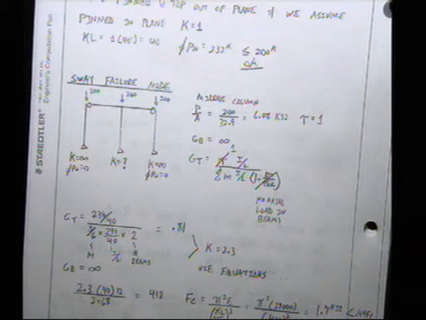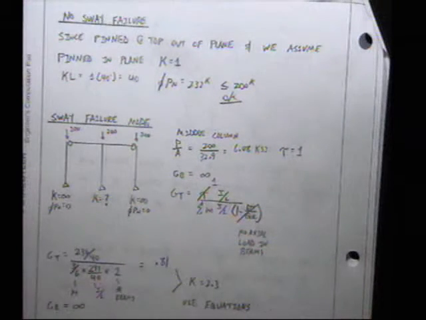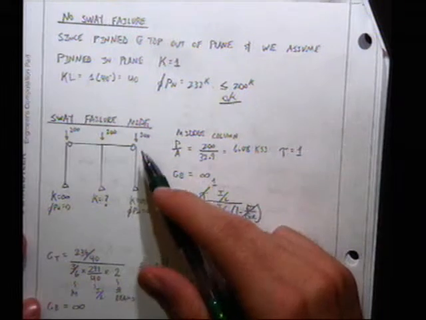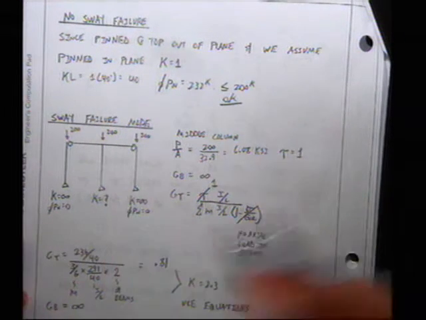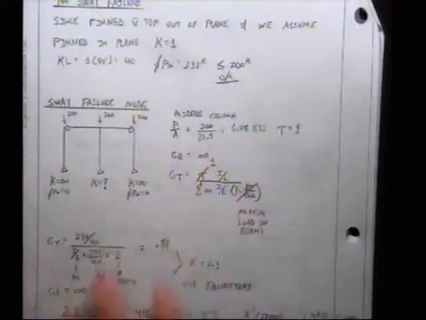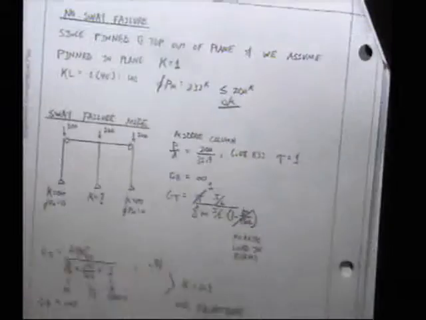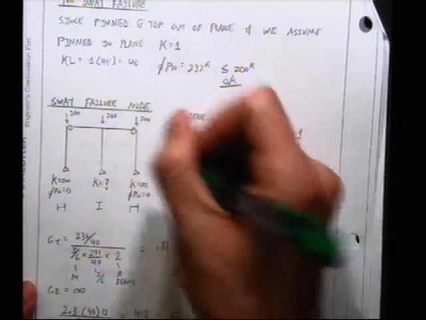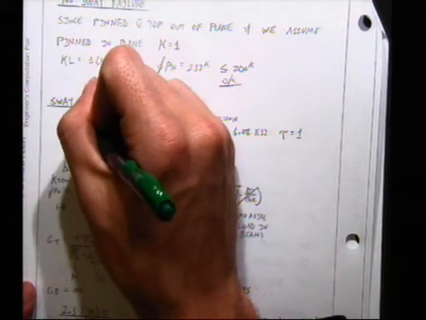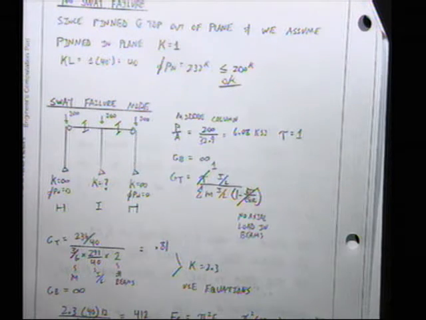So, now, we only have a single bay. We've got some information about how the columns are oriented. I believe, let's make sure we get that right. They're oriented like this, and like this. Our beams are oriented like this. That will become more important coming up.